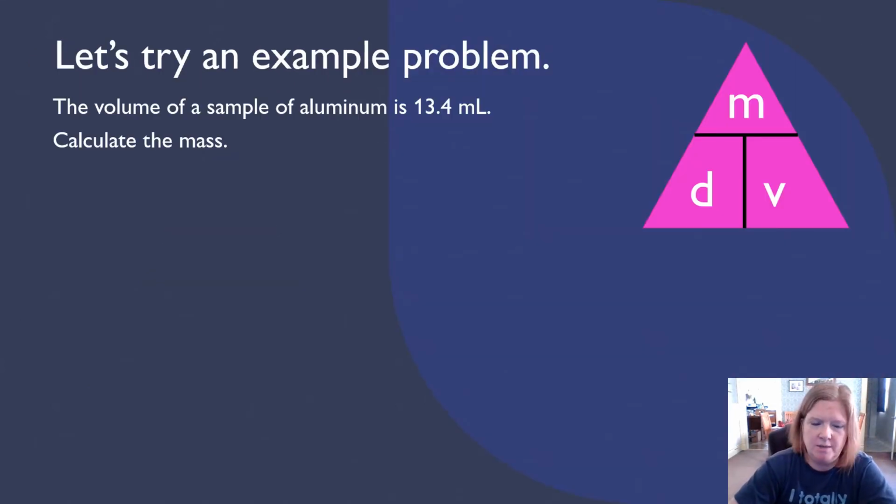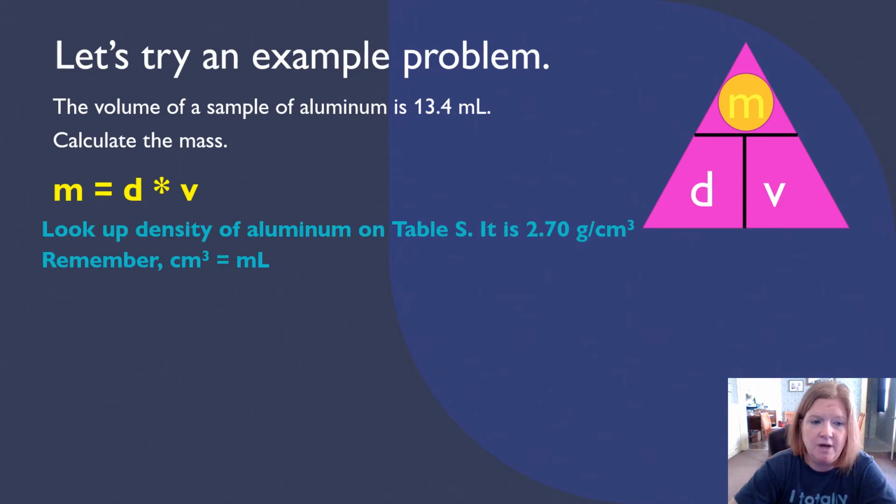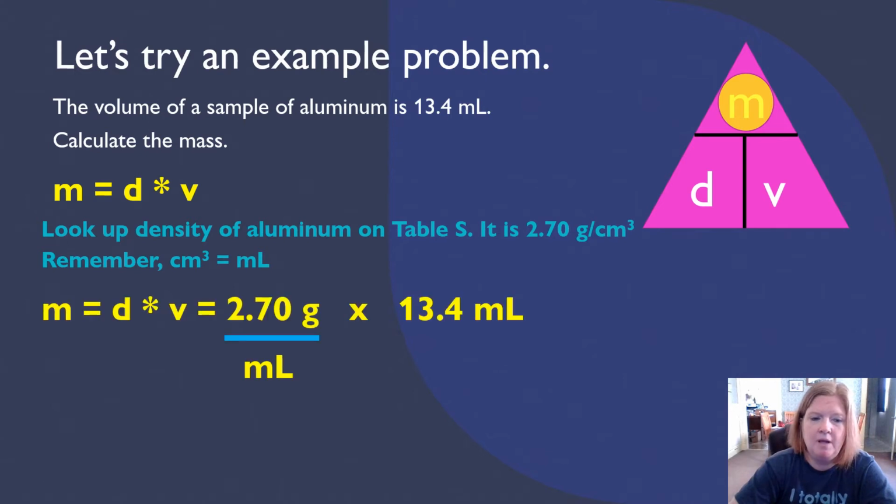So let's try an example problem. The volume of a sample of aluminum is 13.4 milliliters. Calculate the mass. So I'm finding mass, right? So if I cover that up on the triangle, I know it is density times volume. I have to look up the density of aluminum on table S. So there's what it is. And I set up the formula. Mass equals density times volume.